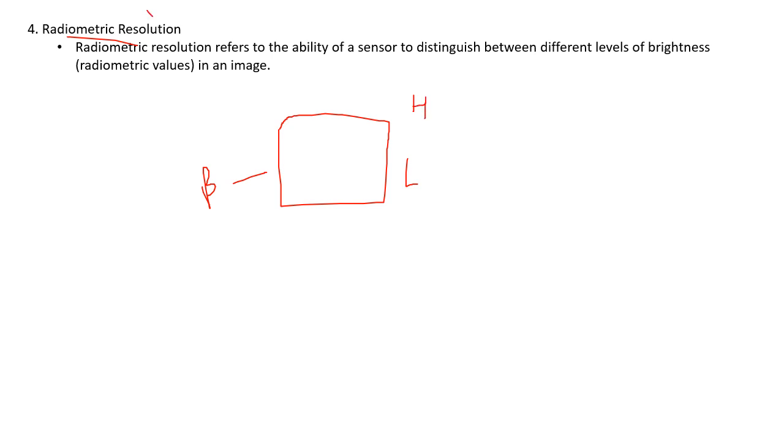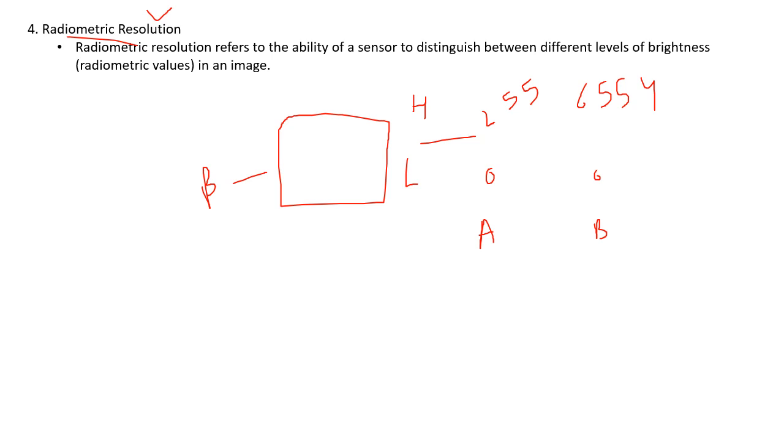Okay, so radiometric resolution is something which is related to the processing level done by the scientist, and if the low value is 0, highest is 255. This is condition A. The condition B is the lowest value is 0, the highest is maybe 65,534, something like that.